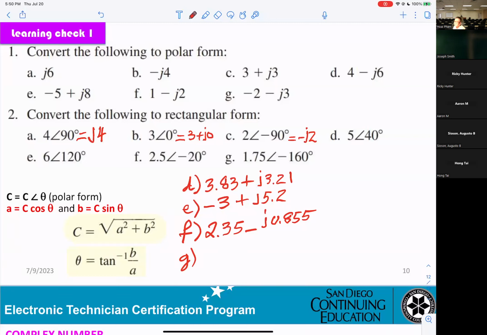So you're on number G now. 1, 6, 0, minus 1, 6, 7. The first number is going to be minus 1.644.